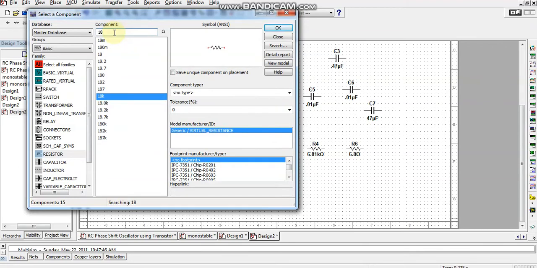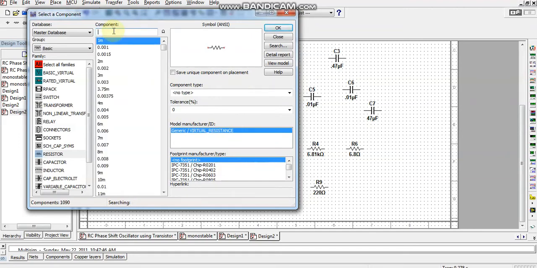I had required 2.2 kilo, 2.2 kilo, and I wanted 220 ohm, 220 ohm, and one more I required was 1 kilo ohm. I will just type this 1 kilo. You can find 1 kilo.